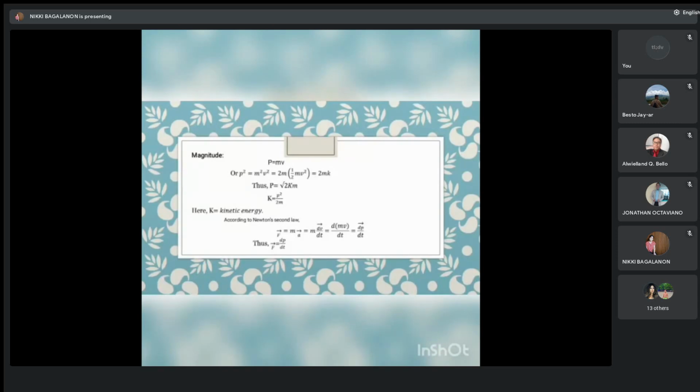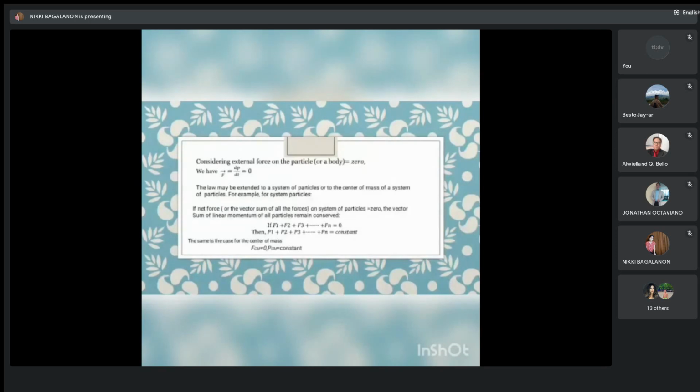Thus, F = dp/dt. Considering the external force on the particle or body equals 0, we have F = dp/dt = 0. The law may be extended to a system of particles or to the center of mass of a system of particles.